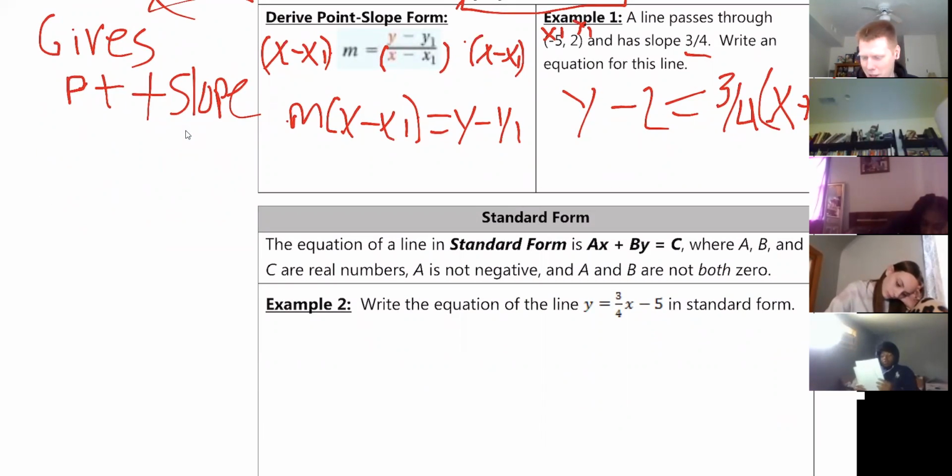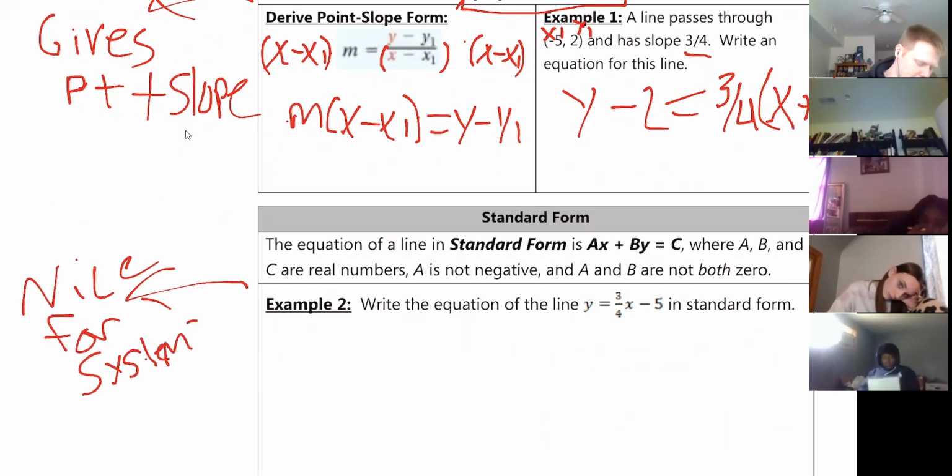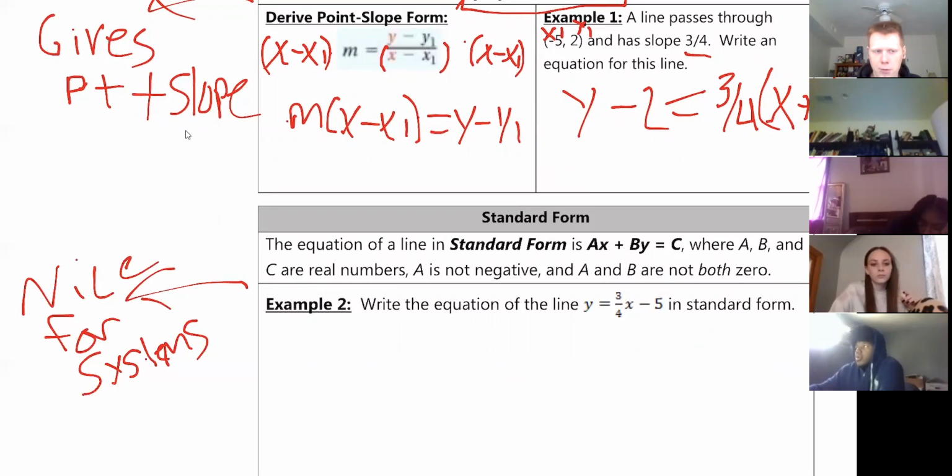The only thing I can really think of is that standard form is nice if you're solving a system of equations, like using the elimination method to solve systems. I don't know how much you guys know about systems, but you definitely probably did it in Algebra 1. It's nice if you can get something in standard form for systems of equations.